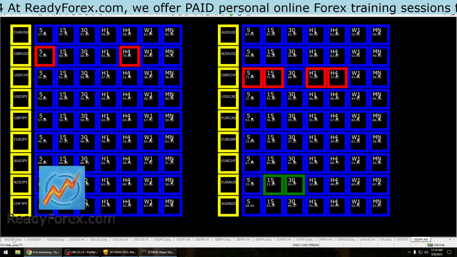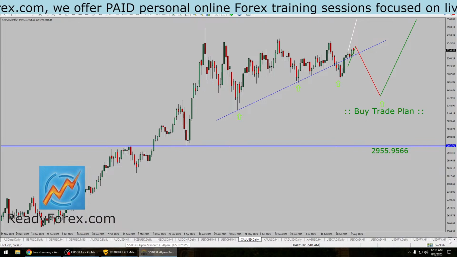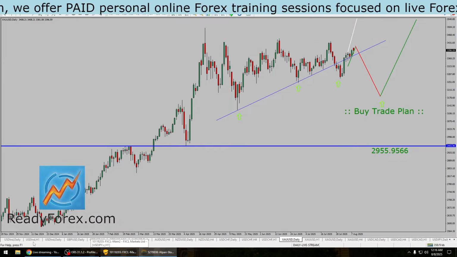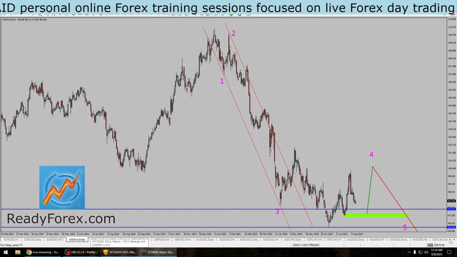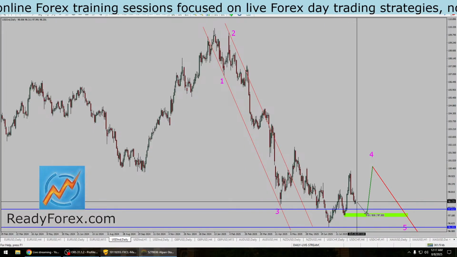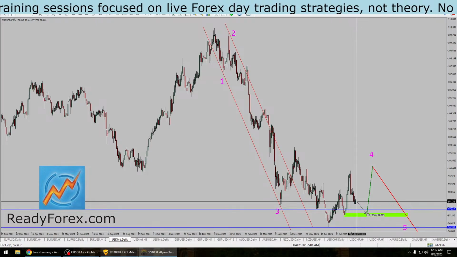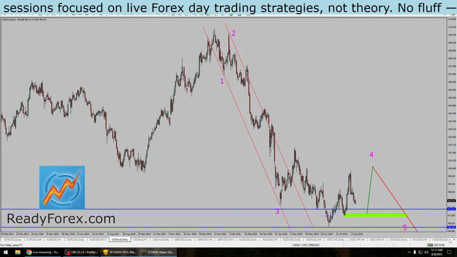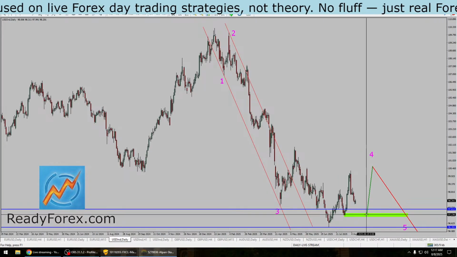Let me go back to the screen. Let us take a look at US dollar index. So US dollar index price action is probably going to drop more. We have a support down over here, and this support area is basically that's the level.